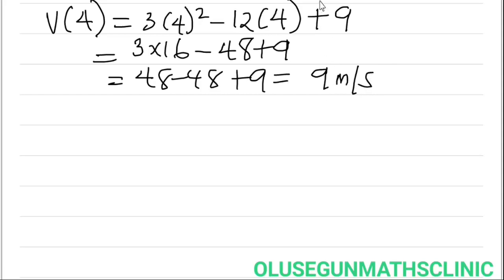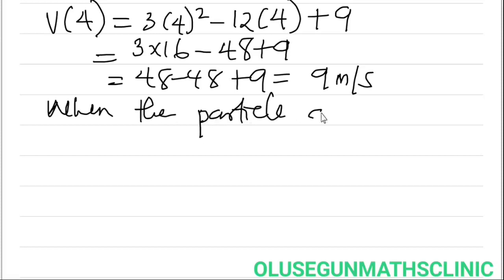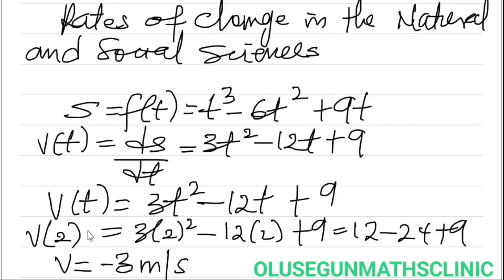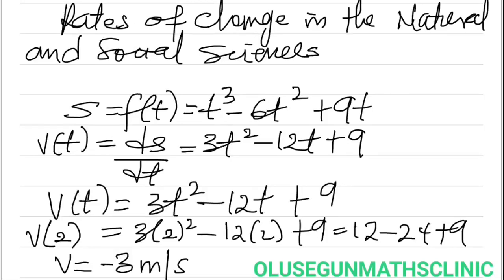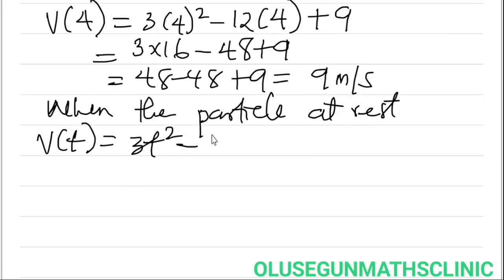We also have something like when the particle is at rest. If the question says when the particle is at rest, and you are able to get the value of v, our v of t is 3t squared minus 12t plus 9.